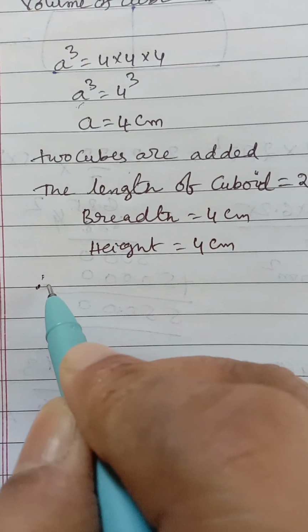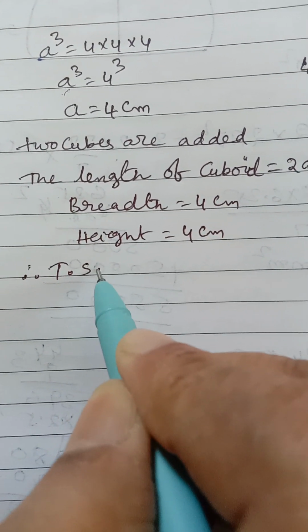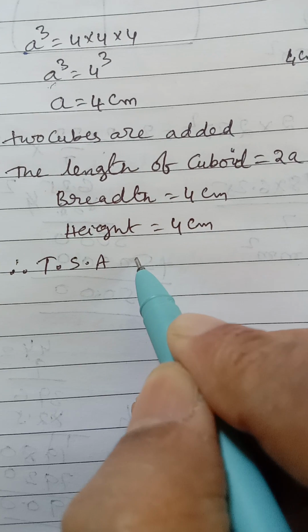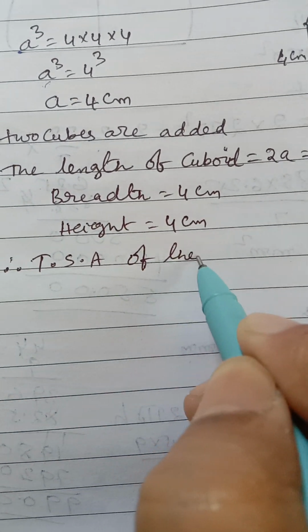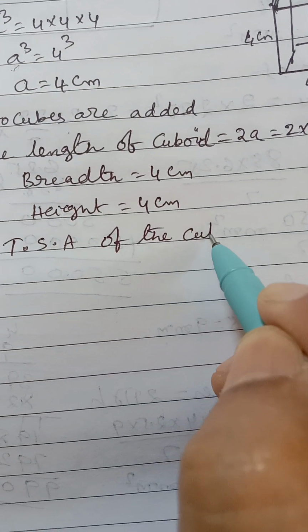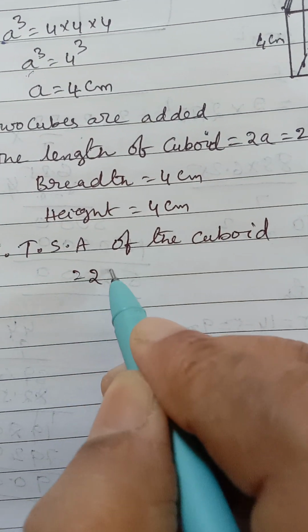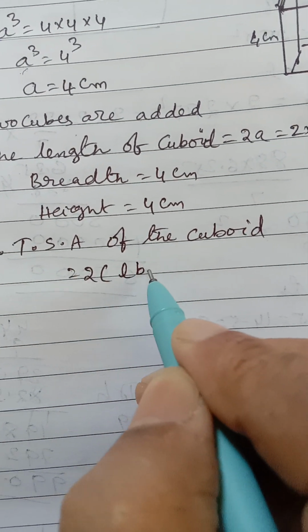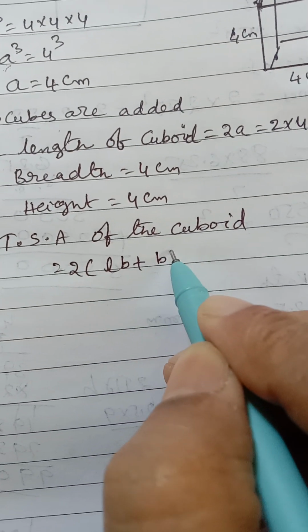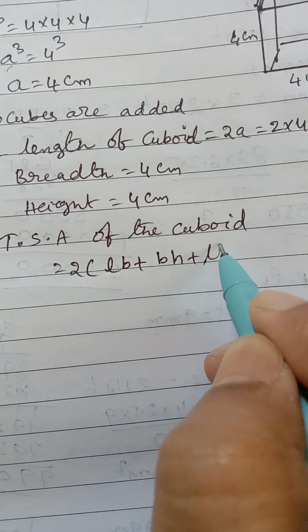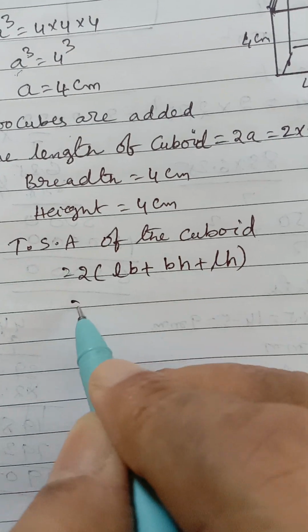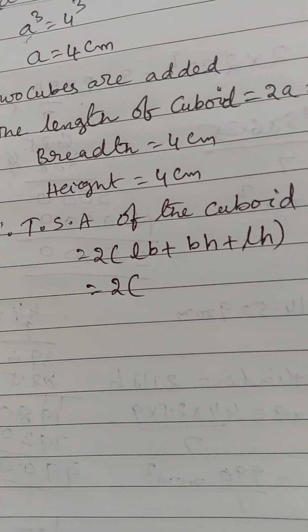Therefore, total surface area of the cuboid is equal to 2 into (LB plus BH plus LH).